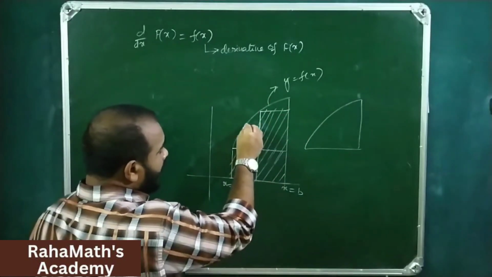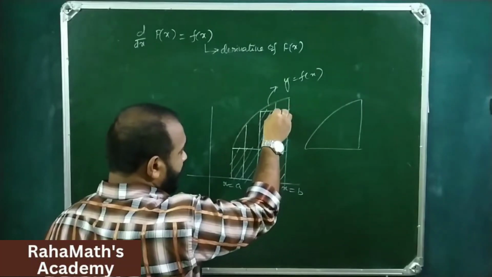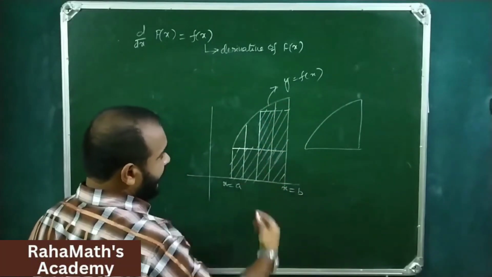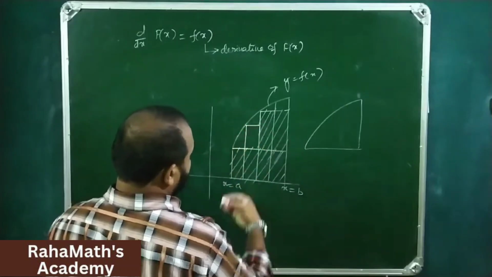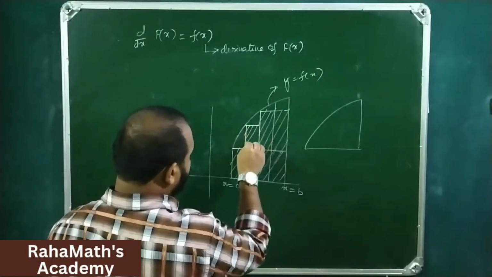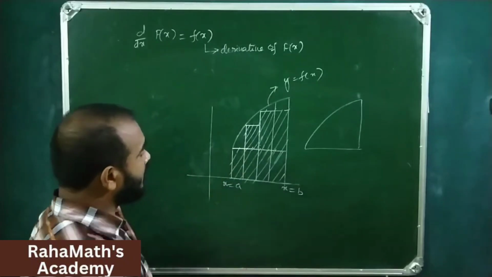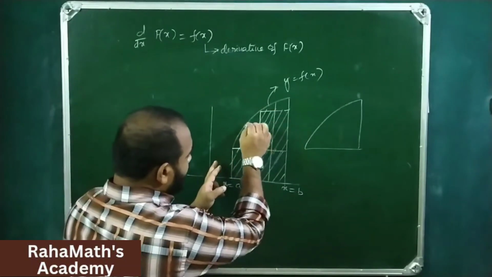And if I make this into further strips, further rectangles, and join these areas, then only this small area is missed out.